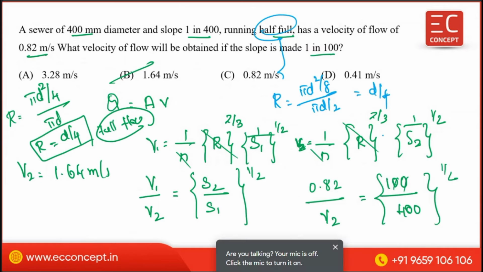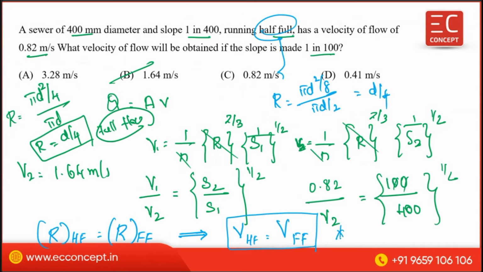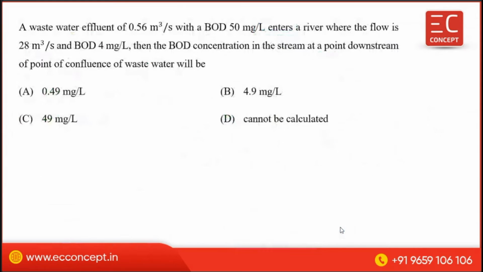So have a clear cut idea, for half flow condition or full flow condition, R is not going to change. The R for half flow condition is equal to R for full flow condition. Similarly, if the slope is also the same, the velocity for half flow condition is equal to velocity for full flow condition. Many questions were asked from this. This is the first time they went beyond this. Okay, to have an idea.